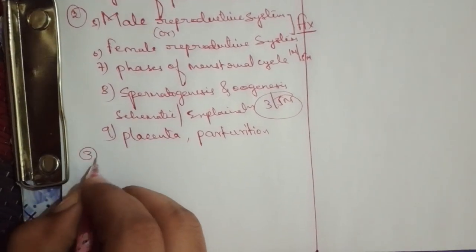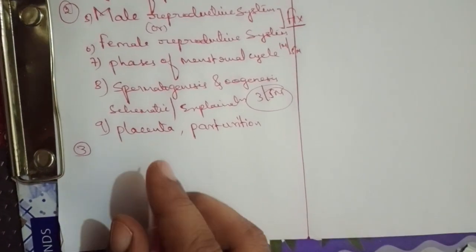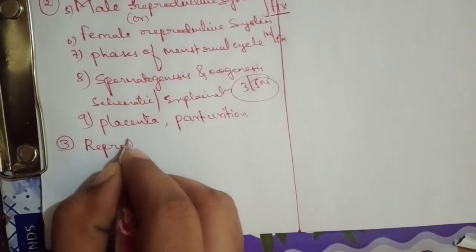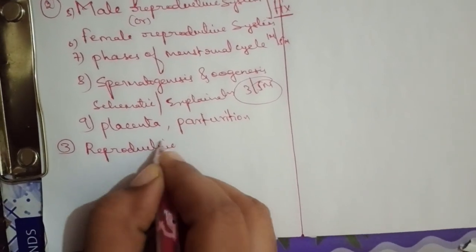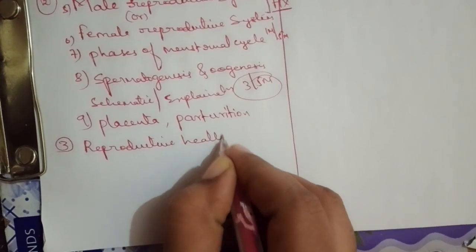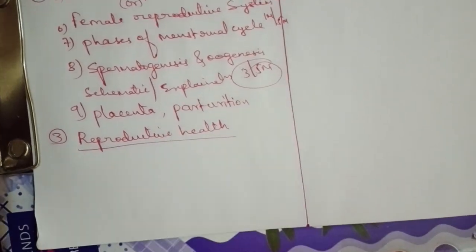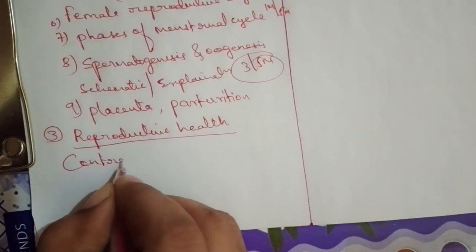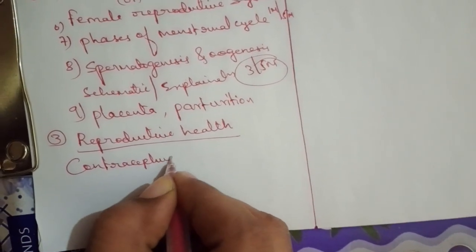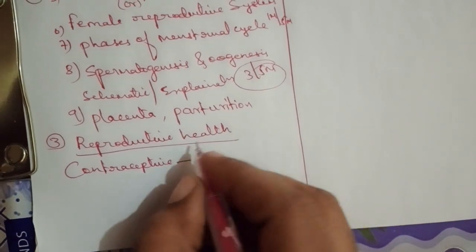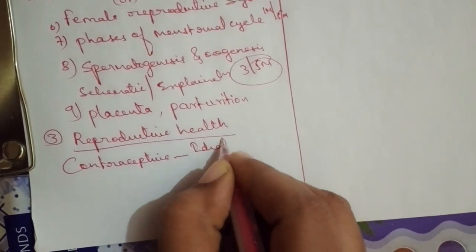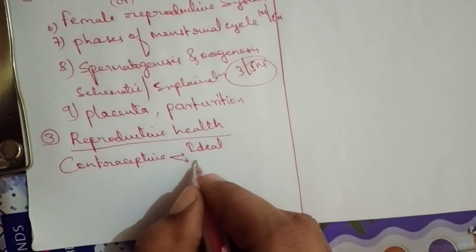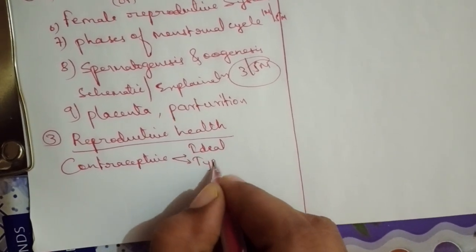Followed by that, the third chapter is reproductive health. In the reproductive health chapter, you can get the definition of contraceptive, followed by ideal contraceptive characters, and types of contraceptive.